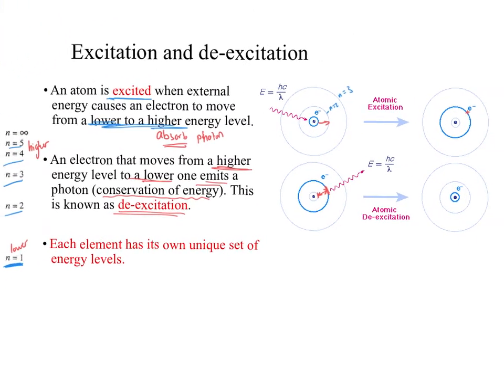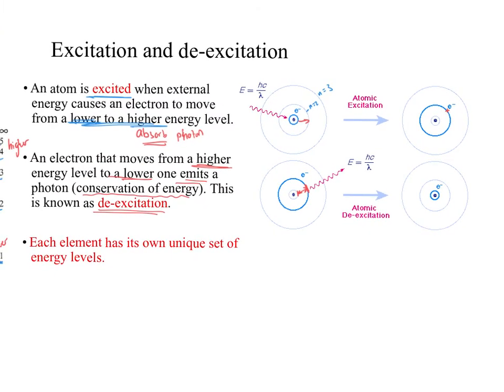Now, the most unique part of this is that each element has its own unique set of energy levels. So the energy levels of hydrogen are different from the energy levels of helium and lithium and so on.